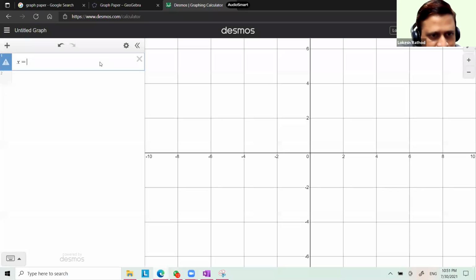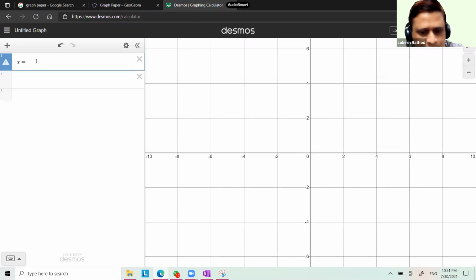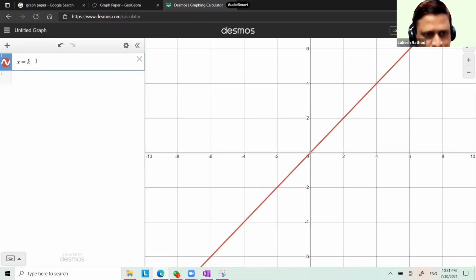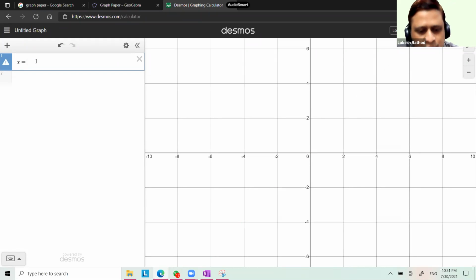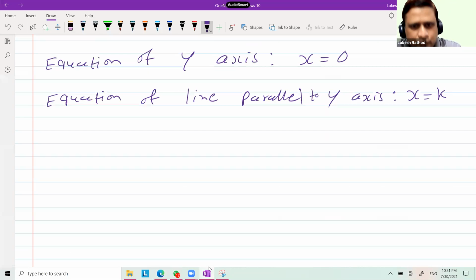If I say x equal to k, then depending upon the value of k, a different line will be there. Now x equal to 1, as you can see, there's the line. So the equation of a line parallel to the y-axis is x equal to k.